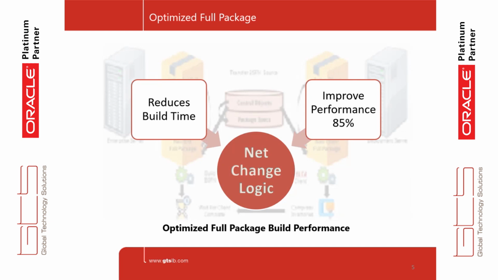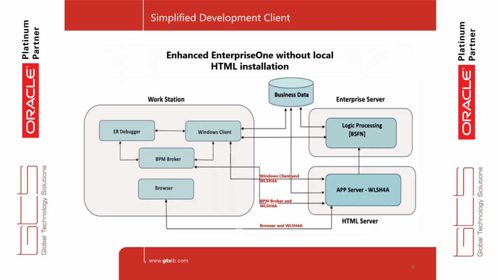So now you can do it in 85% of the time. Not only that, when we reduce the build time, we also take advantage of zero downtime for the package deployment, because we're taking only the changes, so everything else can stay working as it is.